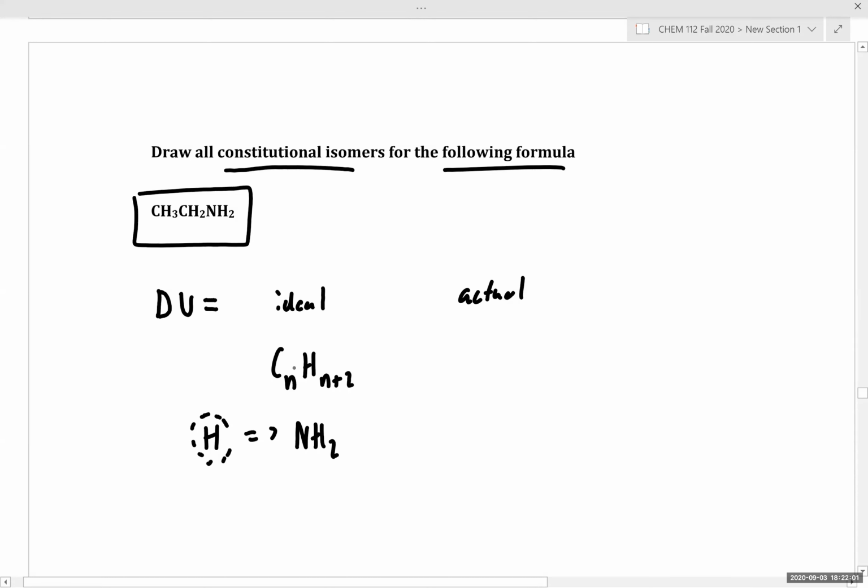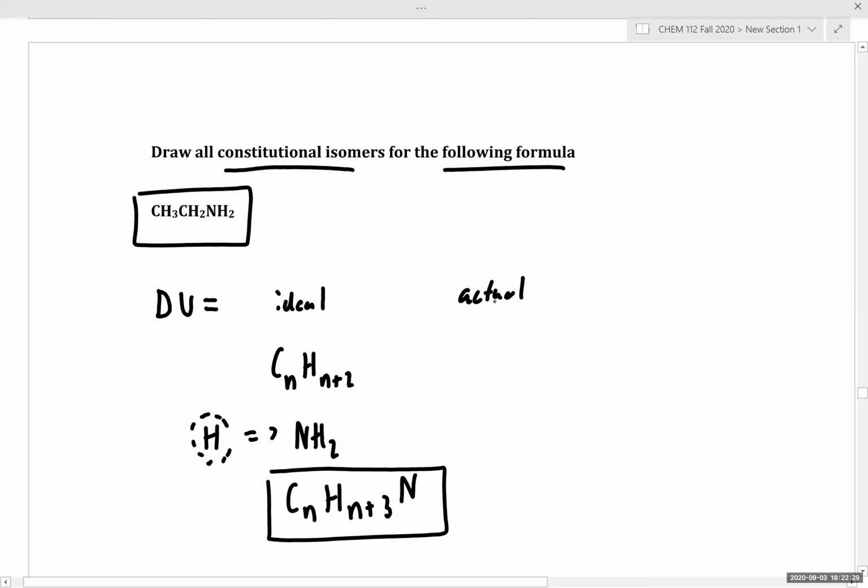So for our ideal amine, we have the formula CnH2n+3N. So this is our ideal formula, and we compare it to our actual formula.